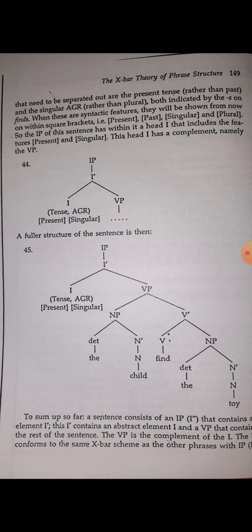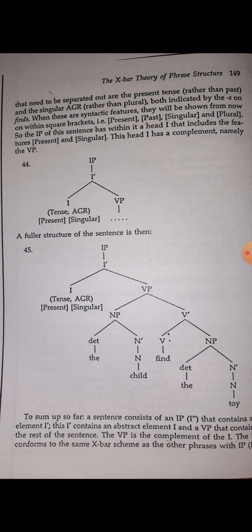Inflectional phrase has I complement, means I bar, and that I is inflection, that is tense, agreement, present singular. This is finds because the word was finds. So find means the first form of the verb find, and then it has been connected with an s inflection, that is present indefinite inflection. That is why he has called it present singular.